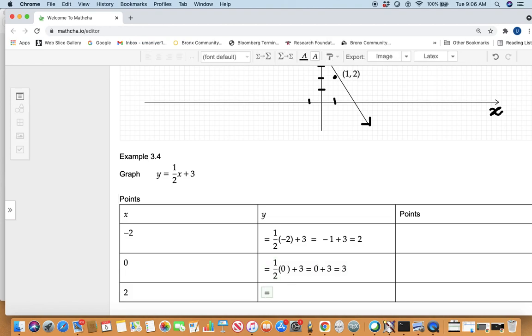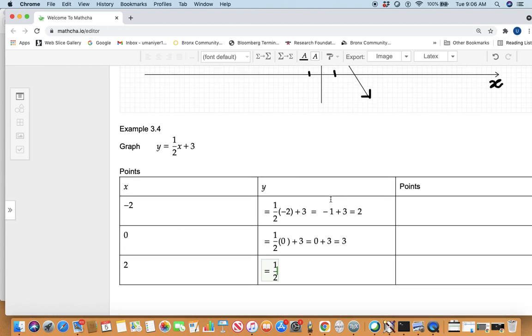Next, fraction 1 over 2, where I see x, I replace it by parentheses plus 3. What goes inside the parentheses? 2, because that's the x value. So notice 2 reduces to 1s. So 1 plus 3, that's a 4.